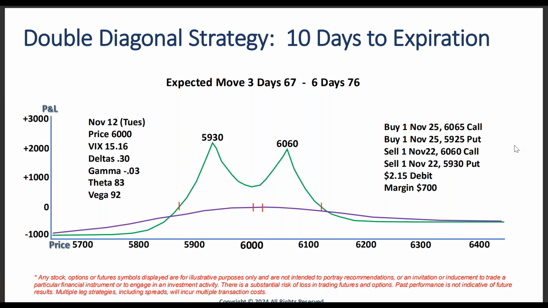The green graph is at expiration in 10 days, and the purple graph is today, right? So you can see the green graph at expiration, you have between, Andrew, if you're there, do you have your famous pointer device? Give me 1 second, Dan, to find that.